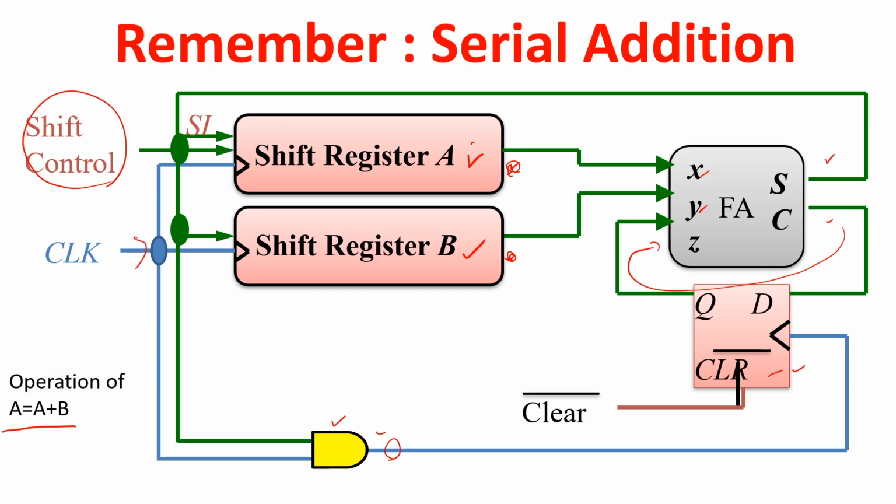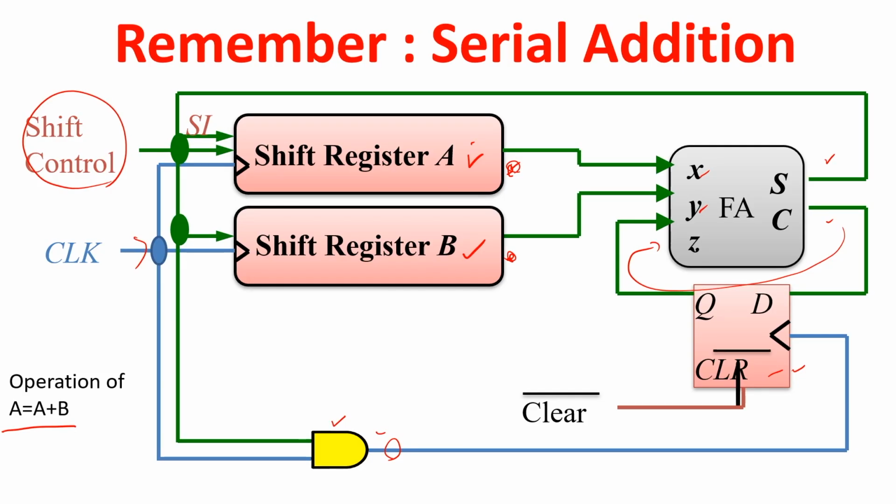As you studied in earlier classes, suppose A is 8 bit and B is 8 bit, then this circuit takes the two 8-bit numbers, adds them, and stores the result back in A, serially.